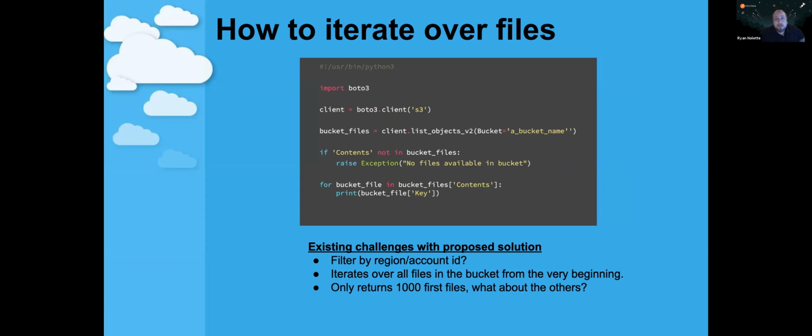My approach to iterate over the files is shown in the slides. It calls the list objects v2 function, it iterates over the returned file objects. So the simplified approach had several challenges that we had to deal with. Any of you who have ever tried parsing AWS logs know that they are not currently standardized.